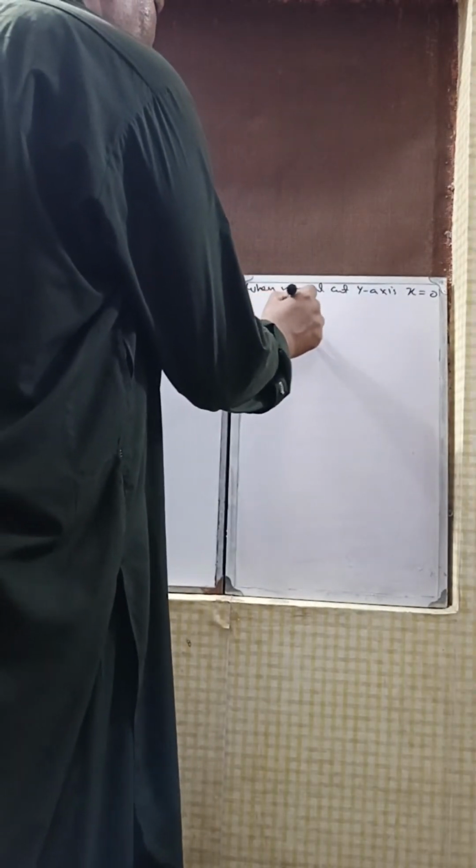So in the equation of the normal, 2y = x + 15, put the x value 0. So 2y = x + 15, sorry, this is 15. And so 2y will be equal to 0 + 15. So 2y will be equal to 15. y will be equal to 15/2.